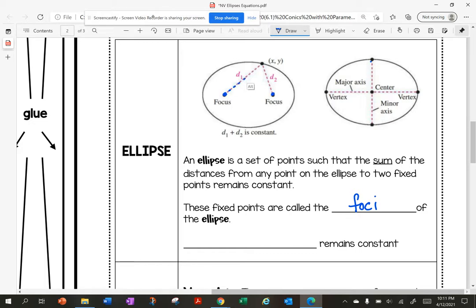If I would put a string in between these 2 points and move it around, the string would remain constant and I would be creating this ellipse. So D1 plus D2 is what remains constant.